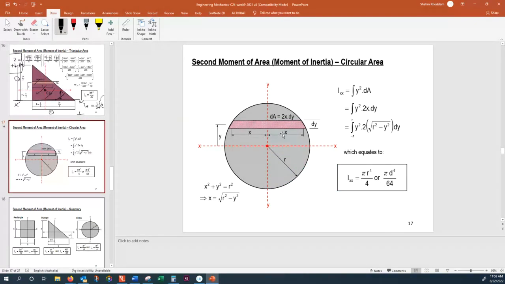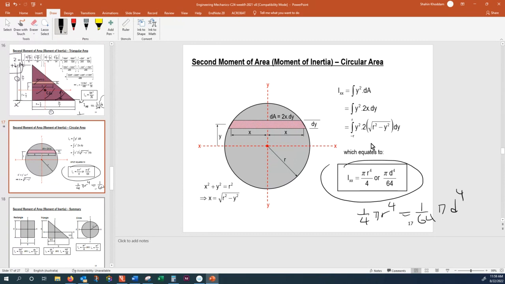Now we do the same thing for the circle, the circular cross section. The important thing is not how to derive it. The important thing is the final answer. The final answer is 1 over 4 pi radius to the power of 4, or 1 over 64 pi diameter to the power of 4. That is for the full circle. And again, guess what? This is the CG. That is a standard. If you want non-standard, you need to know this distance, which is the radius.